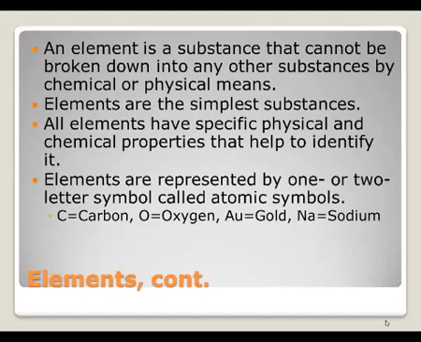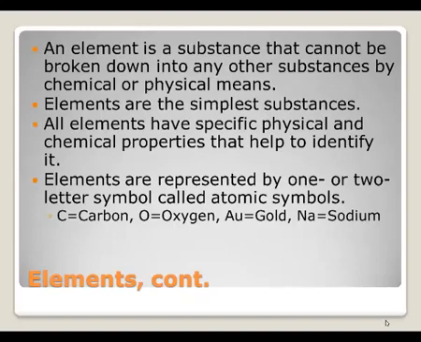Elements are represented by an atomic symbol. The atomic symbol is the 1 or 2 letter symbol that you see on the periodic table. For example, carbon is represented by the letter C. Oxygen is represented by O. Gold is represented by Au. Sodium is represented by Na.